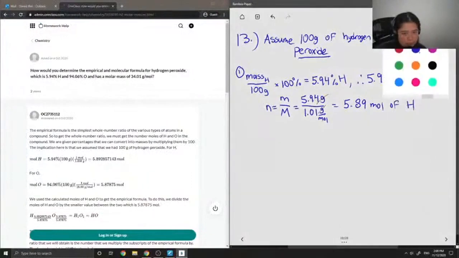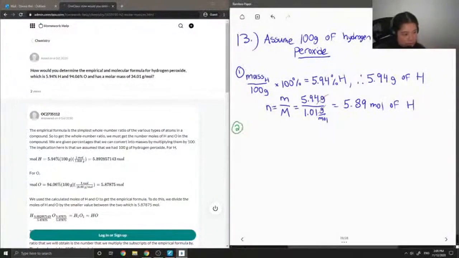So let's do the same thing for oxygen. It's 94.06% oxygen. So then I can just simply say that the mass of oxygen, if it was in a 100 gram sample of hydrogen peroxide, is 94.06 grams.